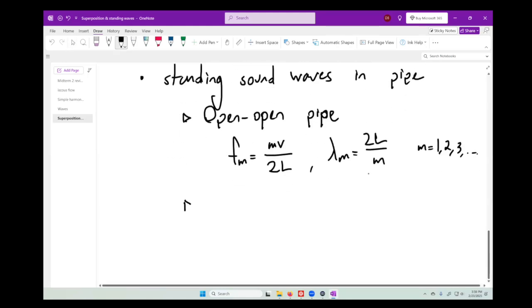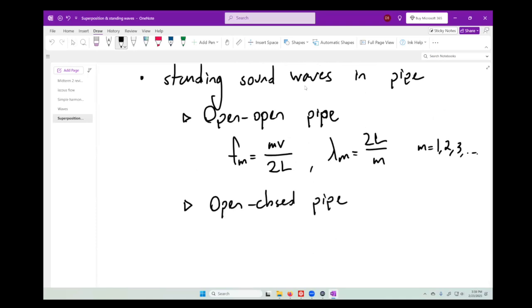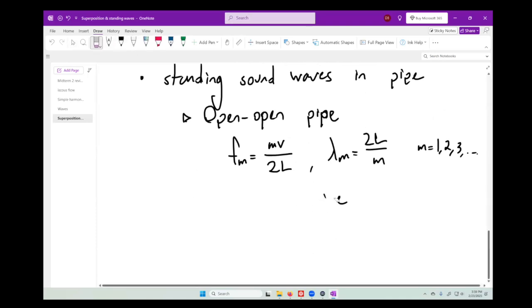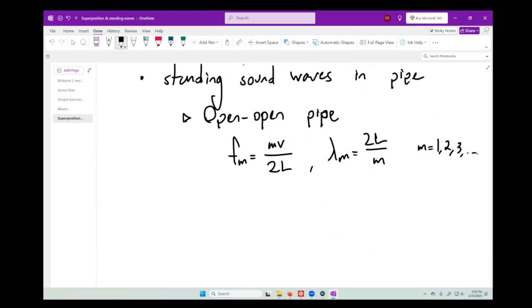Okay, if we have an open-open pipe, we'd have standing wave patterns like this.